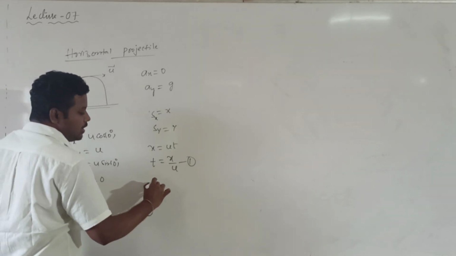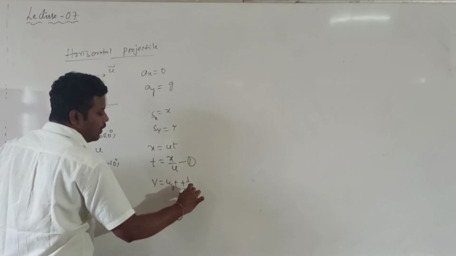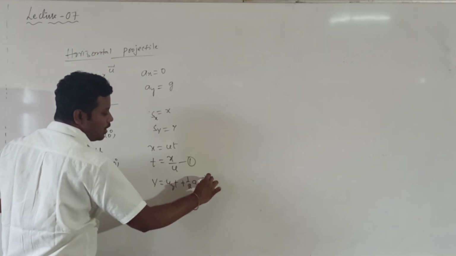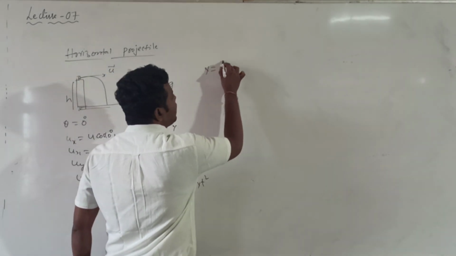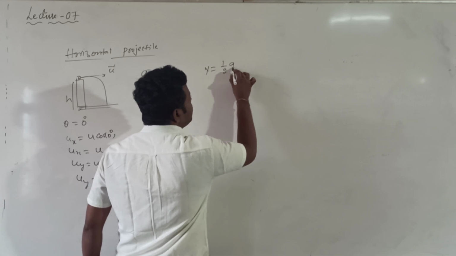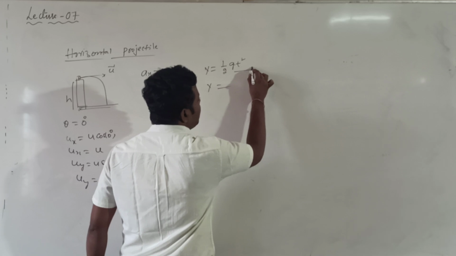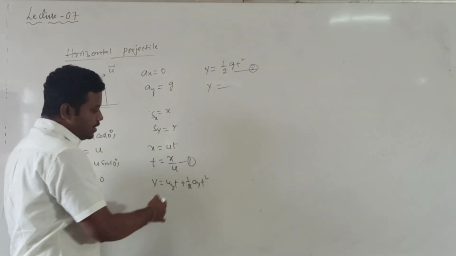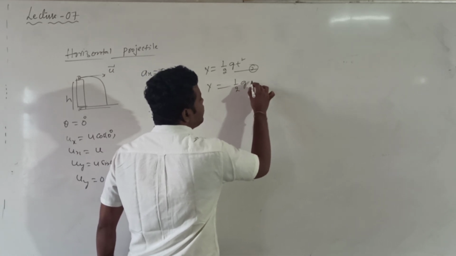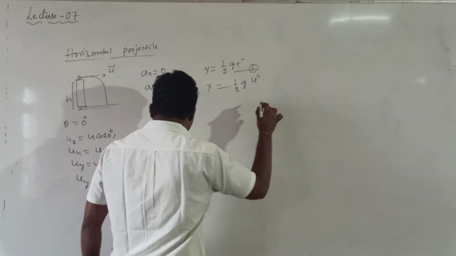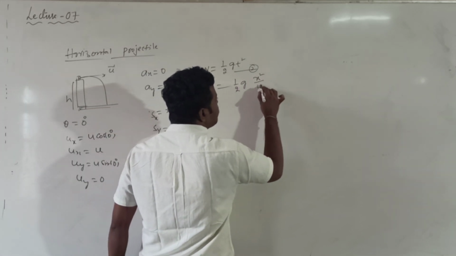Similarly along the vertical direction, y is equal to uy into t plus half into ay into t square. But uy value is 0. Then what will we get for y? Y is equal to half into g into t square. This is the second equation. Substituting t value from equation 1, t square is x square divided by u square.